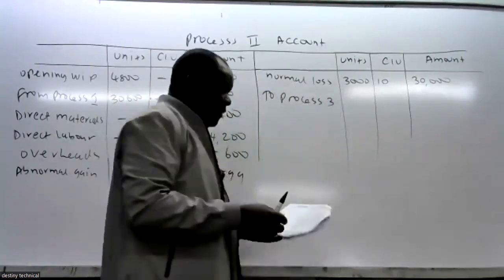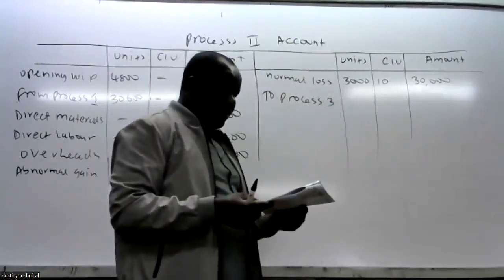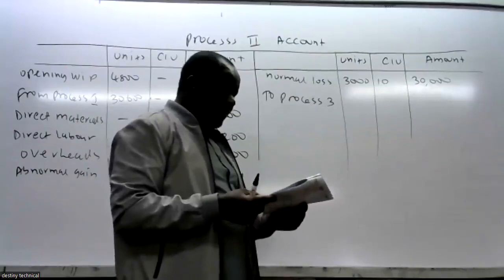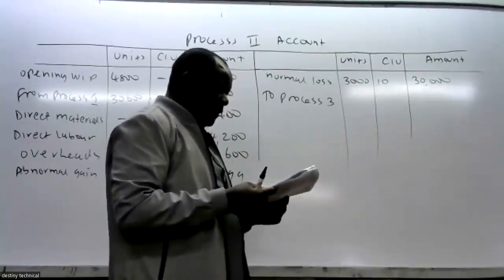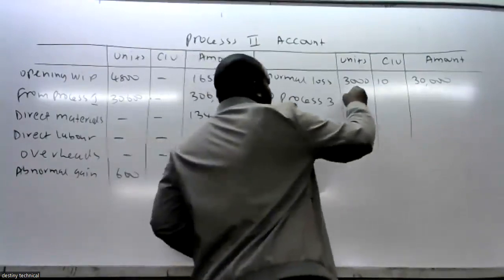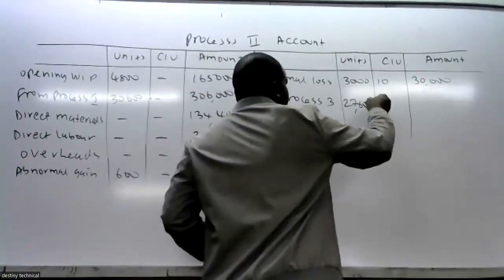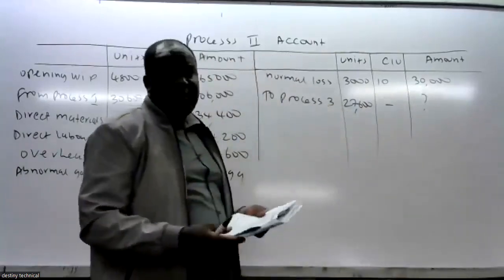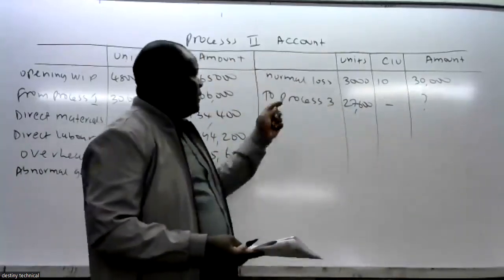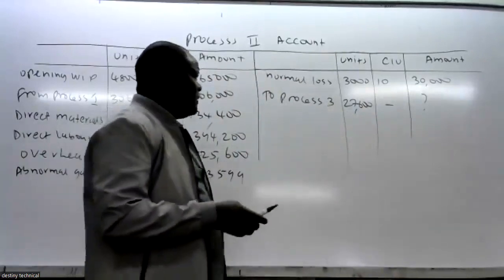So the output to process 3, which was there in note number 5, is 27,600. So this one will be the balancing figure under first in, first out. Output will be the balancing figure.